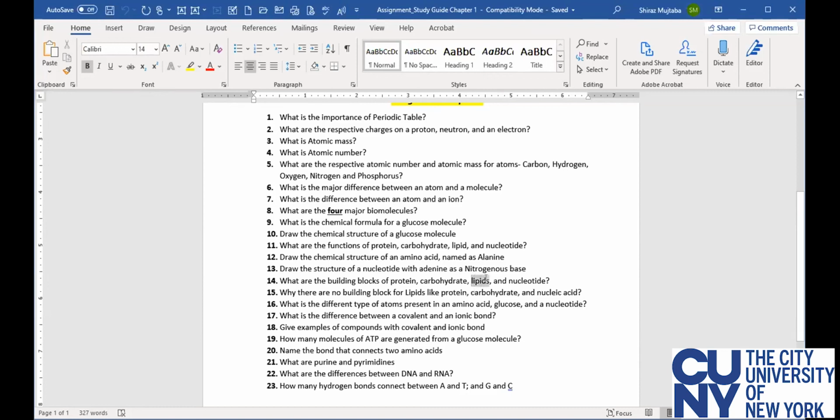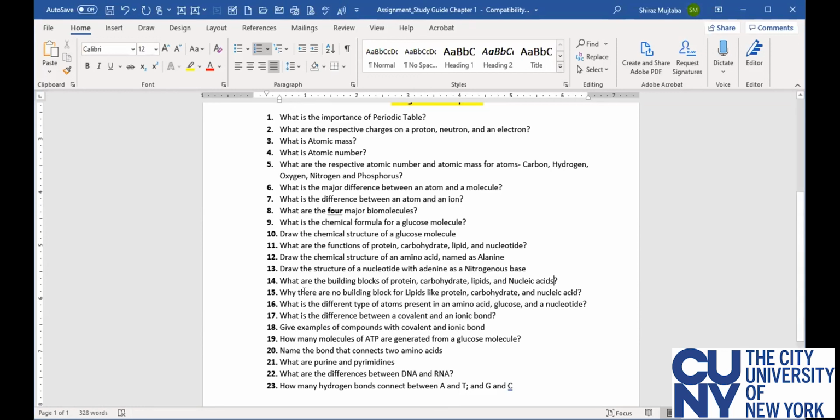Lipids are generally a very diverse molecule, but some books will say fatty acids and triglyceride. Here this should be not nucleotide, but rather it should be nucleic acid. So the building block for nucleic acid is a nucleotide. In case of DNA, it will be deoxyribonucleotide. In case of RNA, it will be ribonucleotide.